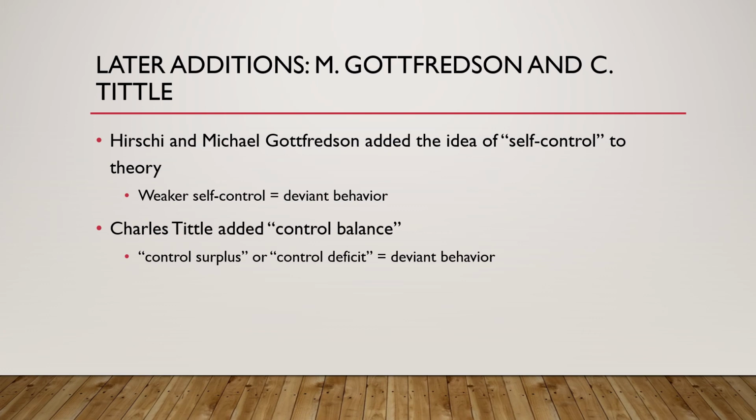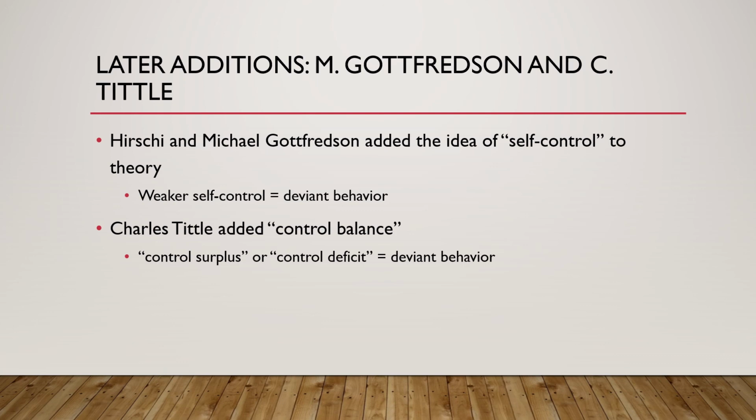Later on, as more time passed, another sociologist named Charles Tittle added the idea of control balance. That's basically the balance between your control over other individuals and their control over you. There are two different items here, the two different ways the control can be out of balance.